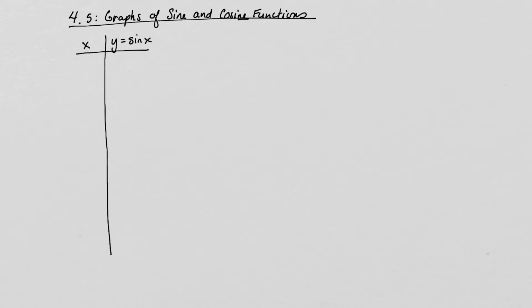As opposed to other functions where we might plug in 0 or 1 or -1, with sine we want to pick nice values, and those are the values on the unit circle. So if we look at 0, we're looking for the sine of 0, and the sine of 0 is 0.